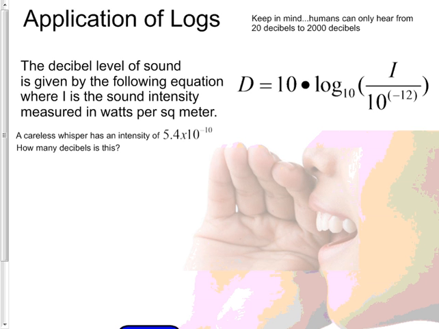Anyway, keep in mind humans can only hear from 20 decibels to 2,000 decibels. Does that mean that there aren't noises quieter than 20 decibels? Of course, there are noises quieter than we can hear. Can anything hear better than us? Oh yeah. Just for perspective, elephants can hear over 12 miles away because they make incredibly low, rumbling noises that we can't hear.